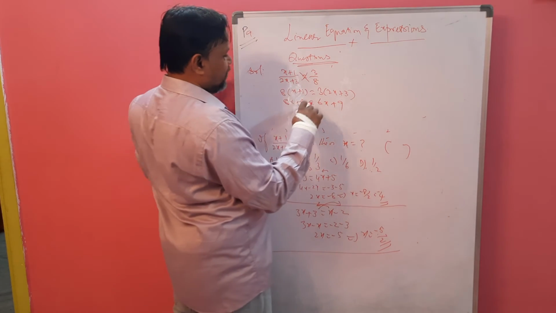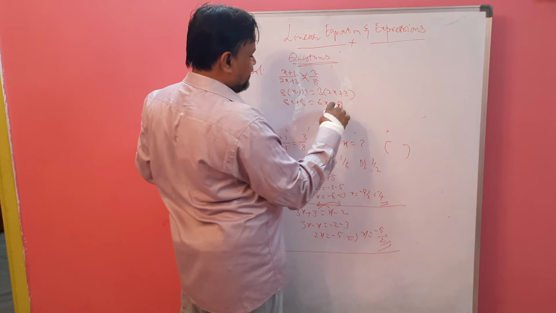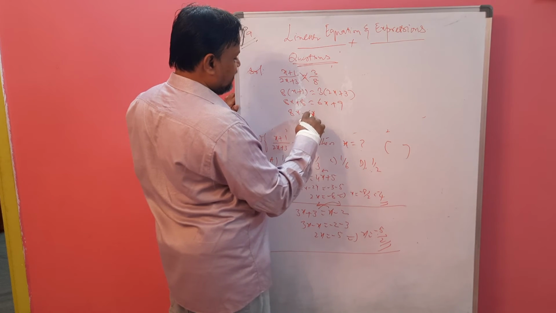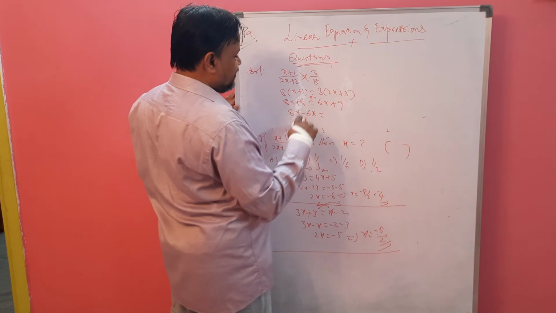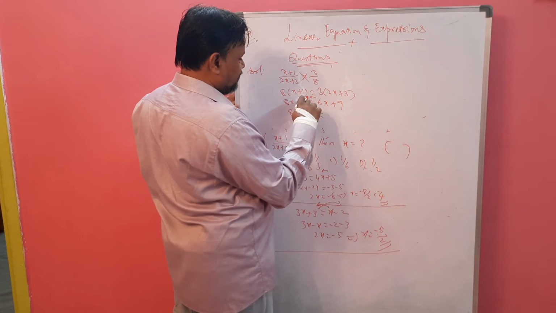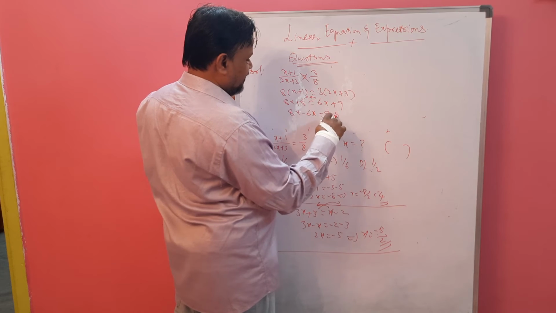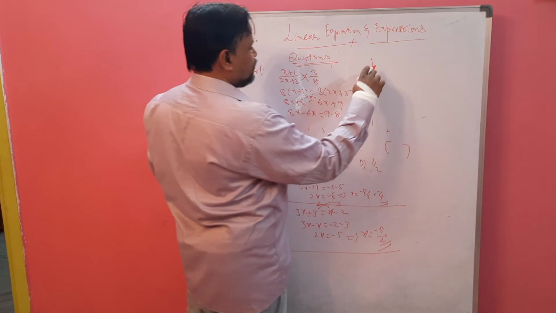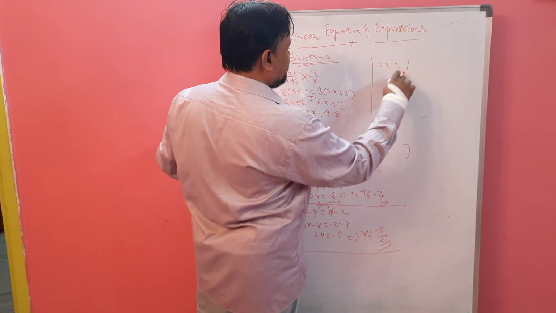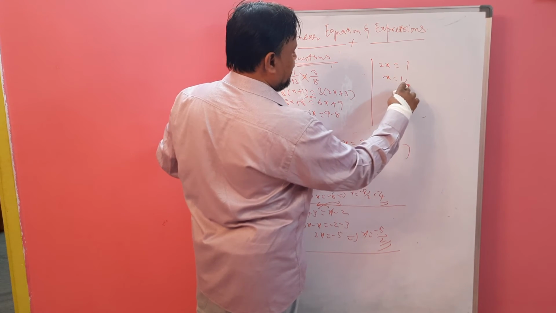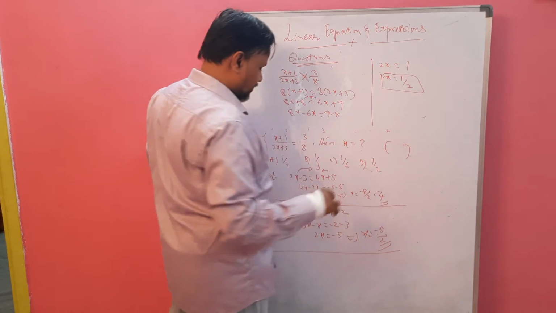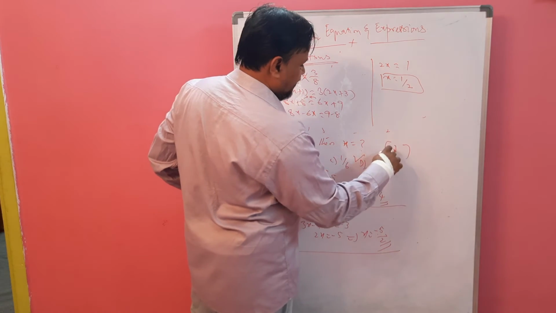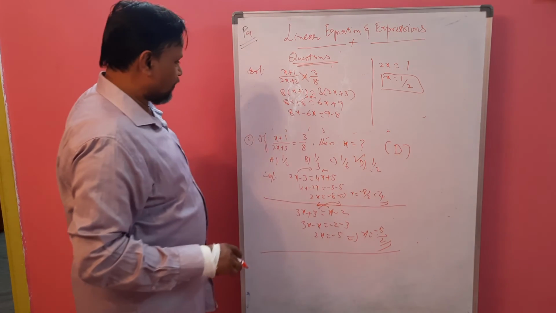Now move these numbers: 8x minus 6x equal to 9 minus 8, since when you move the constant to the other side, it changes sign. So this is 8 minus 6, 2x. Again 2x equal to 1, x equal to 1 by 2. So this is your solution. Where is that? Option D is the solution of this fifth question.